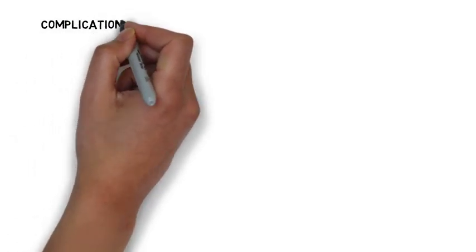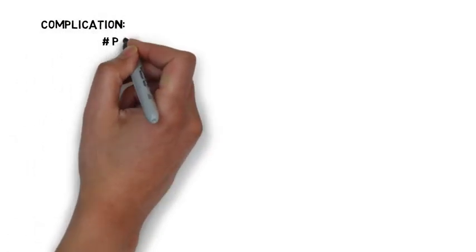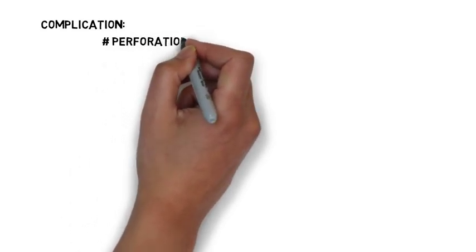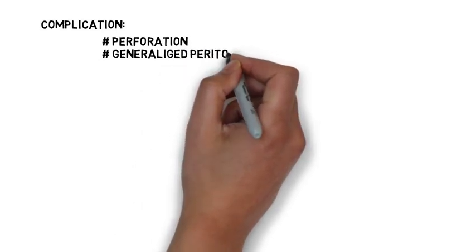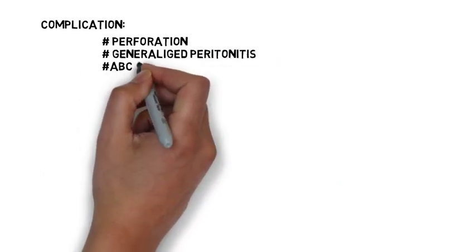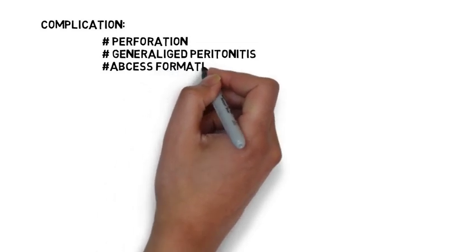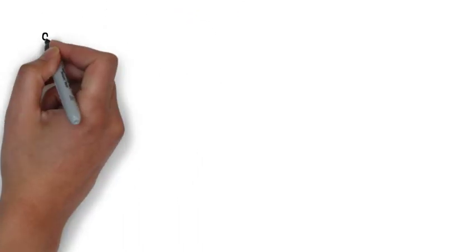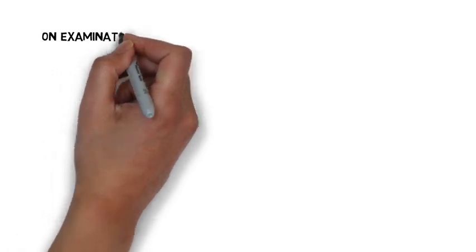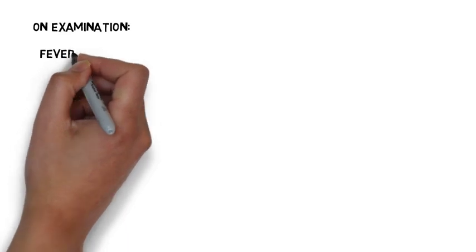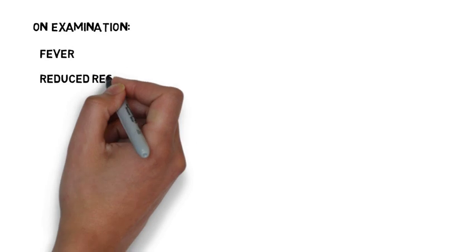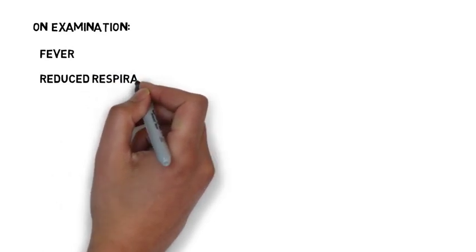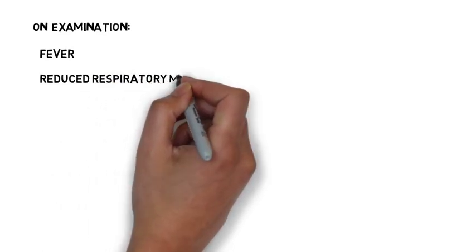Now talking about the complications, the first complication you can see is perforation, generalized peritonitis, and abscess formation. On examination, we can see a fever, and during respiration, the parietal peritoneum and visceral peritoneum touch each other so that there is pain due to inflammation.